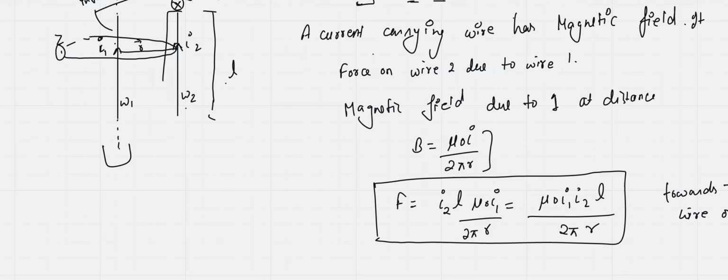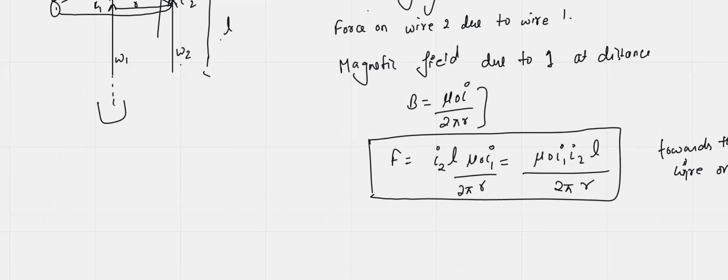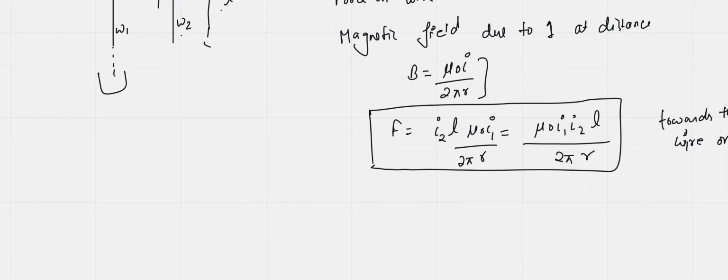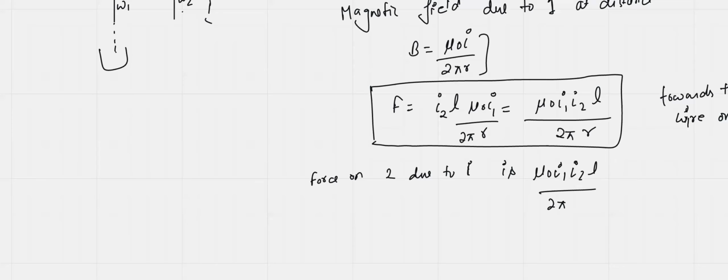So one note you can actually go with. If I ask you what's the force, this force F2 on 2 due to 1 is mu naught I1 I2 L by 2 pi r.